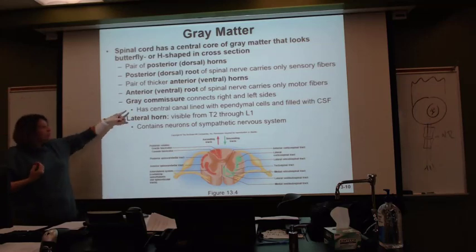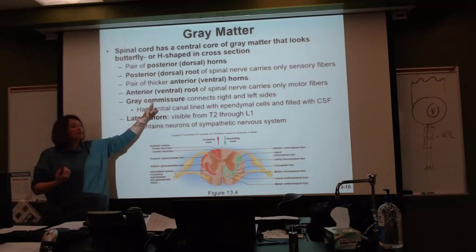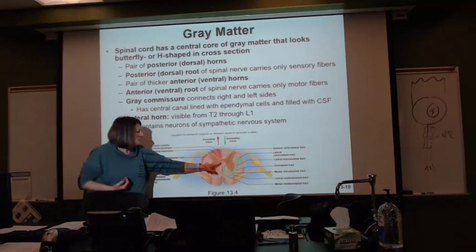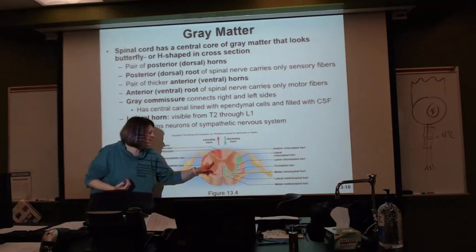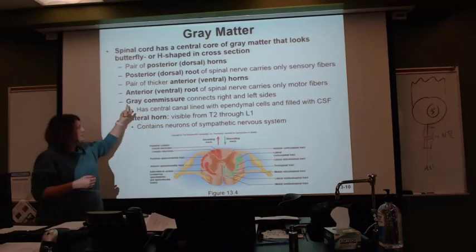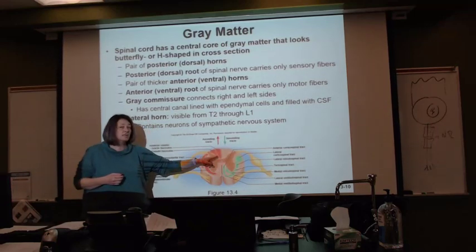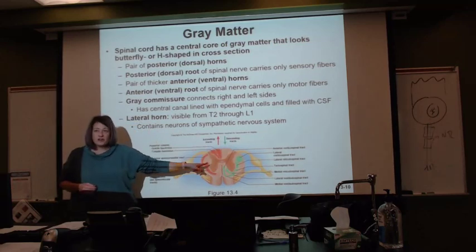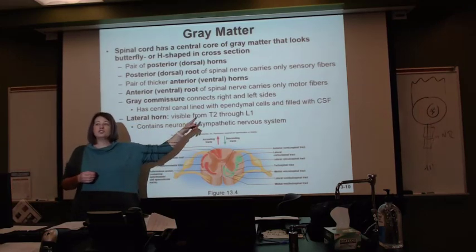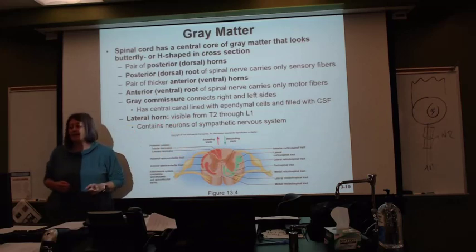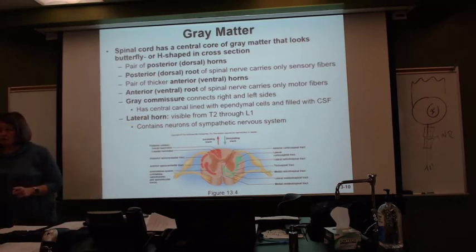We're going to see there's a commissure existing between the two gray sides. That's the gray commissure, and it gives us a connection from the left to the right side of the spinal cord.